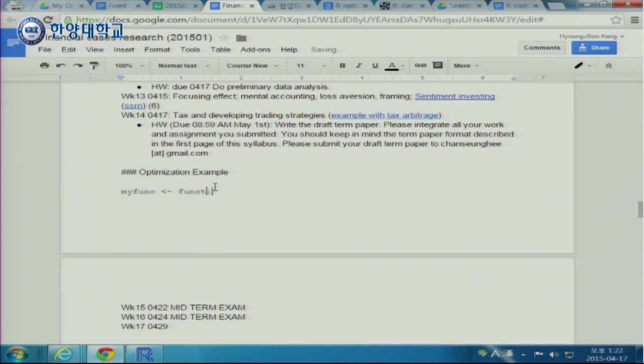It is a function, and it has two arguments, x and a, and then y equals (x minus a) squared, and then return y. Okay, this is a very simple function.